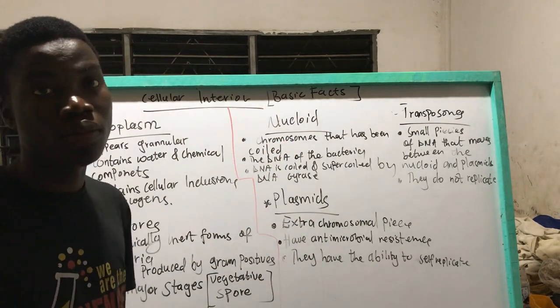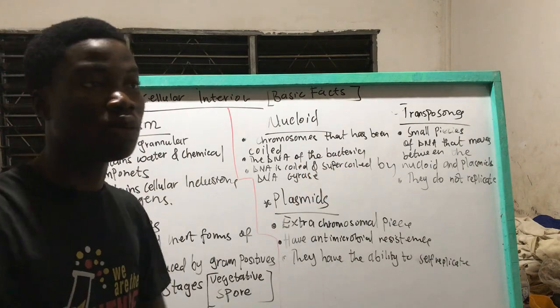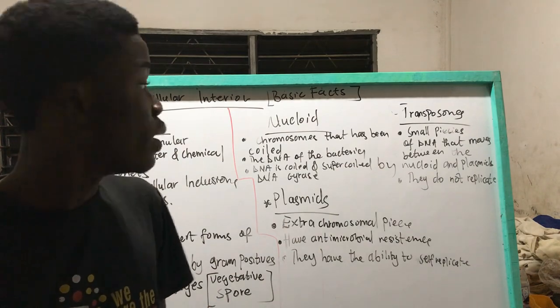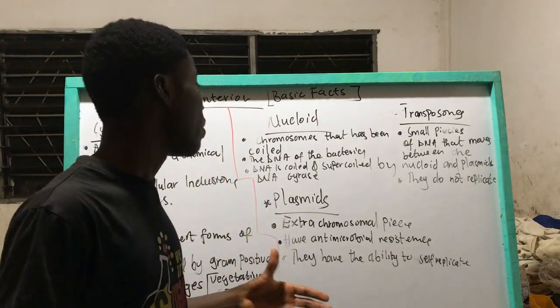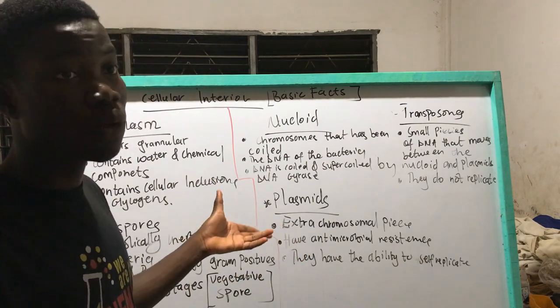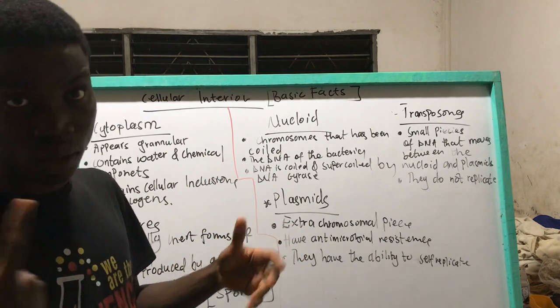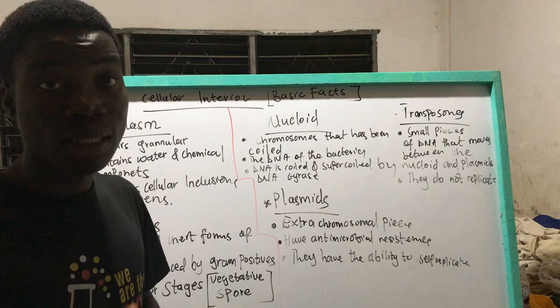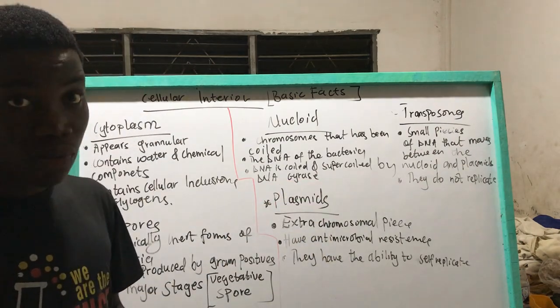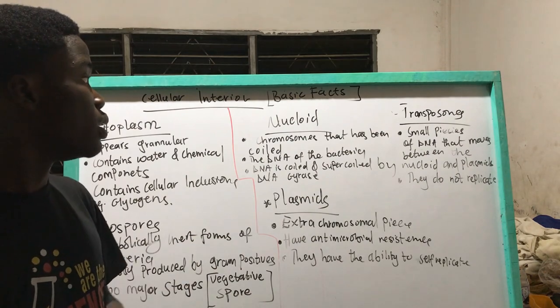The nucleoid is actually made up of chromosomes that have been coiled, and we know chromosomes contain the DNA. Now, the DNA of the bacteria is also coiled and supercoiled by what we call the DNA gyrase. The DNA gyrase is actually an enzyme that's responsible for the coiling of the DNA.